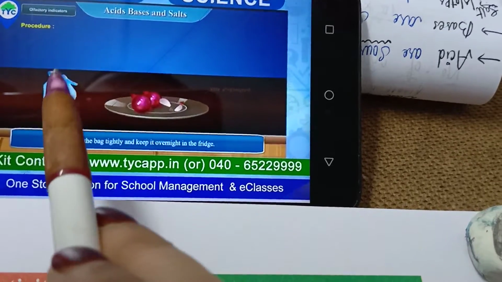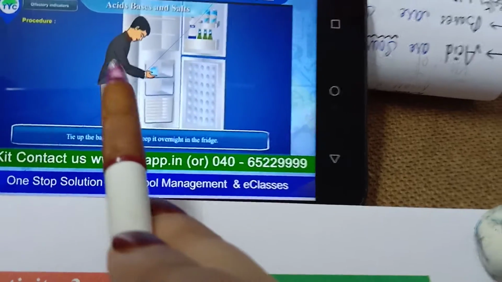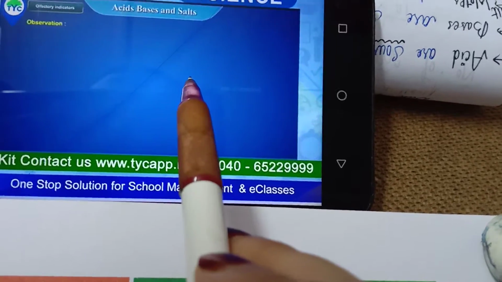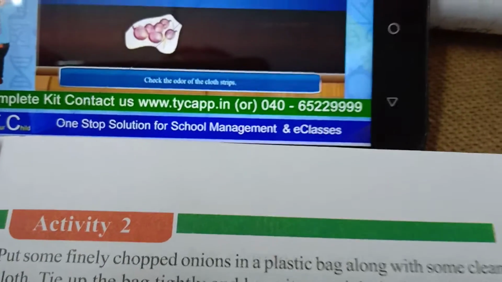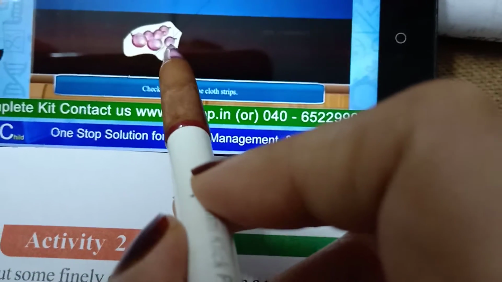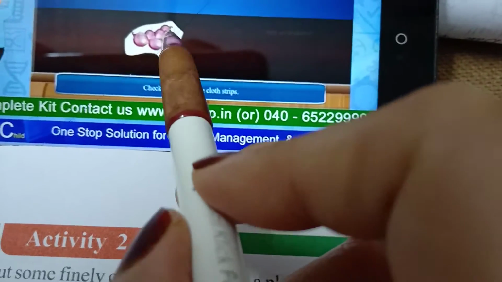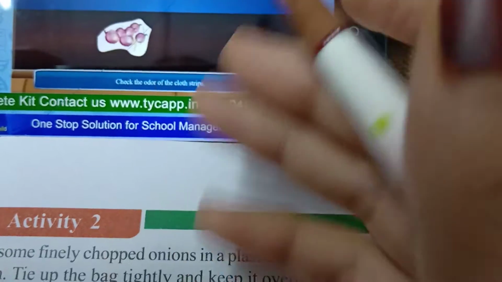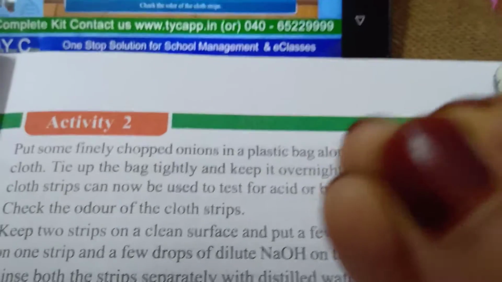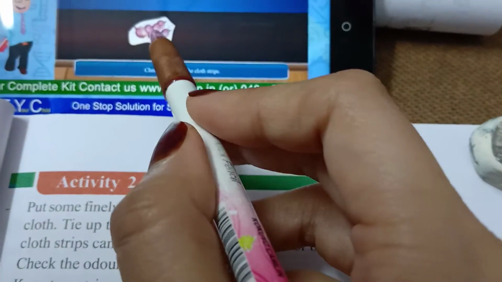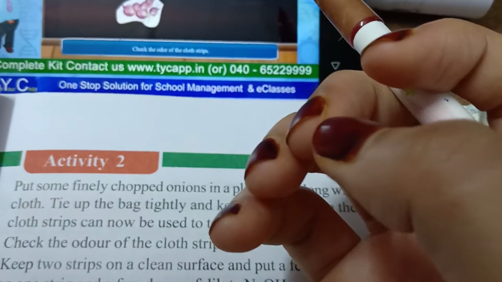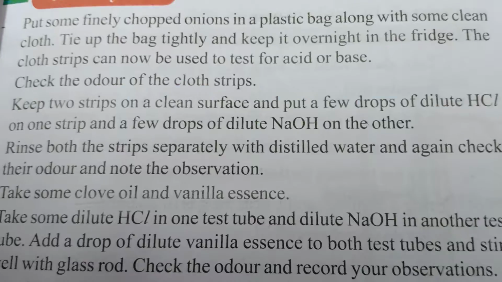The chopped onion should be placed in the polythene bag and we have to put it in the refrigerator overnight. In the morning you take out the bag and check the cloth pieces which we kept inside the bag. Take out the cloth pieces and smell them. Then what you will observe is that the onion smell has come into the cloth. The cloth pieces will smell like onion.